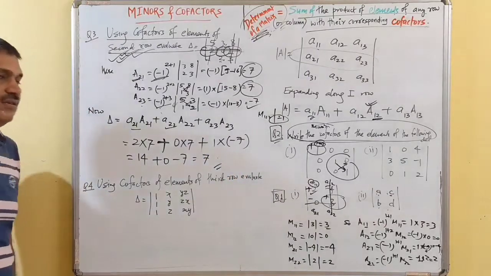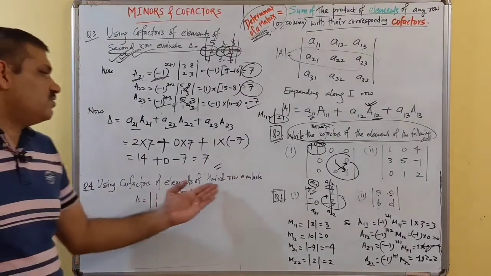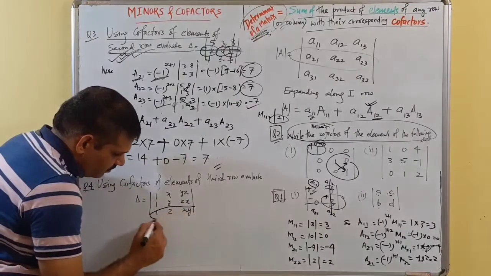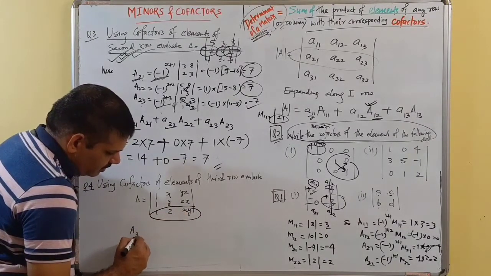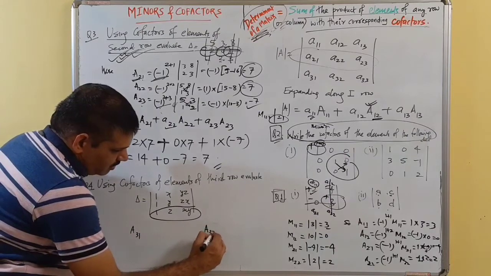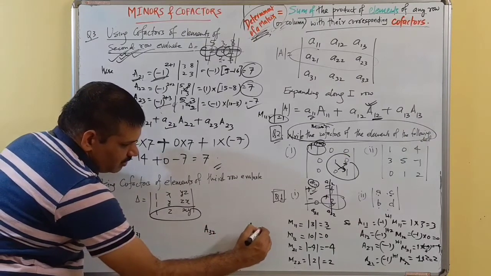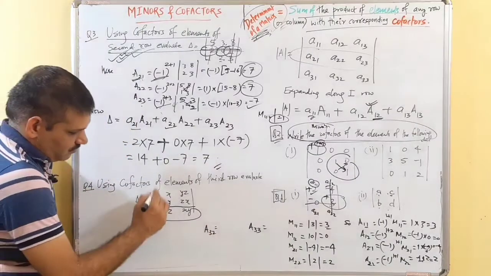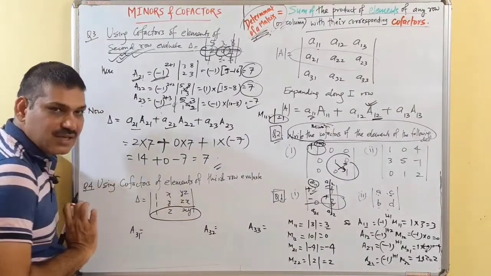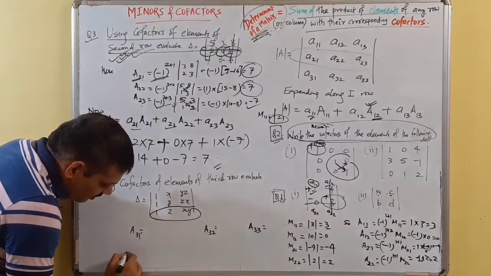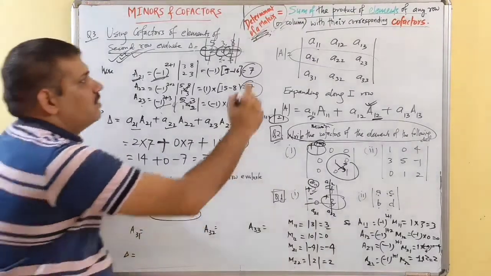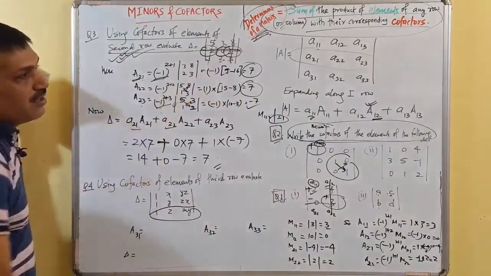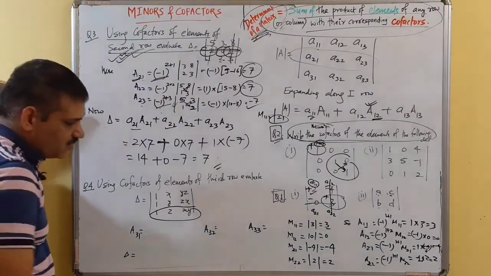That is the answer. In the same way, using cofactors of elements of third row, we will choose the third row. We will find A31, A32 and A33. Minus 1 raised to 3 plus 1. We will eliminate this and this, multiplied by this, minus this multiplied by this, and finally the value of delta, the determinant of a matrix, can be obtained as sum of the product of elements of a row with corresponding cofactors.